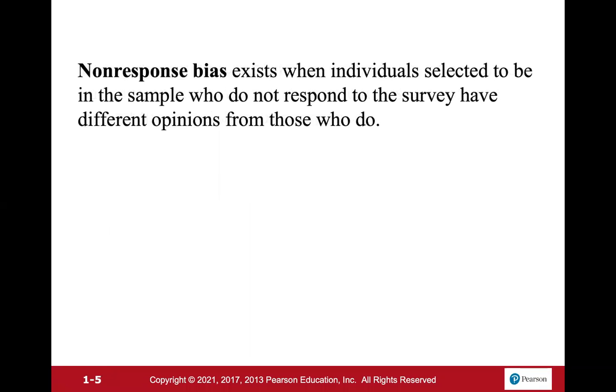All right, next, non-response bias exists when individuals selected to be in the sample who do not respond to the survey have different opinions from those who do respond to the survey. So if I were to walk outside, and remember, I love dogs, or animals in general.